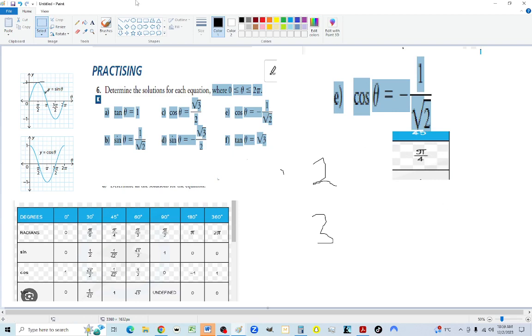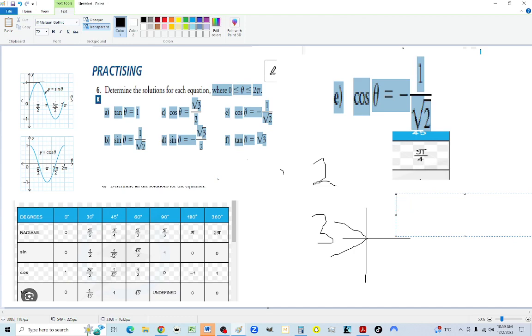In quadrants 2 and 3, pi over 4 is here and here. And to figure out the principal angle, we have to take pi and subtract pi over 4, which is 3 pi over 4. And we have to take pi and add pi over 4, which, as we discovered before, is 5 pi over 4. So those are the two principal angles for that.